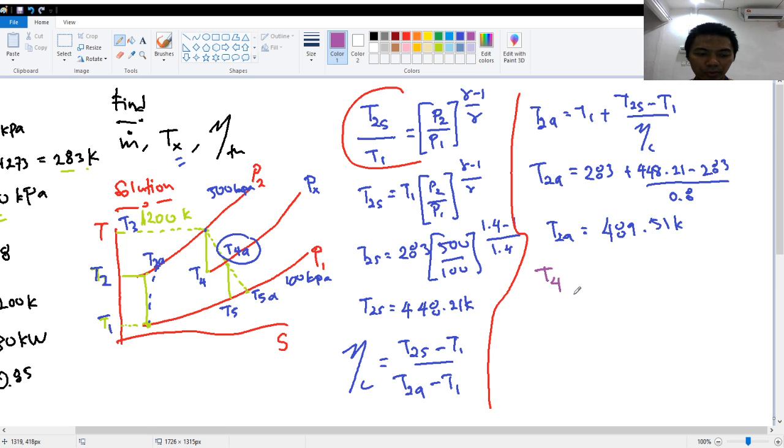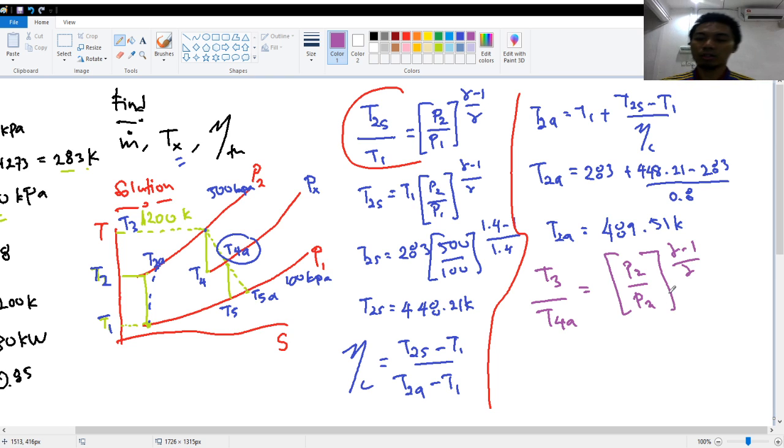T3 divided by T4A equals P2 over Px to the power of lambda minus 1 divided by lambda. So when we rearrange this equation, you can find the T4, right? Because we need the T4.